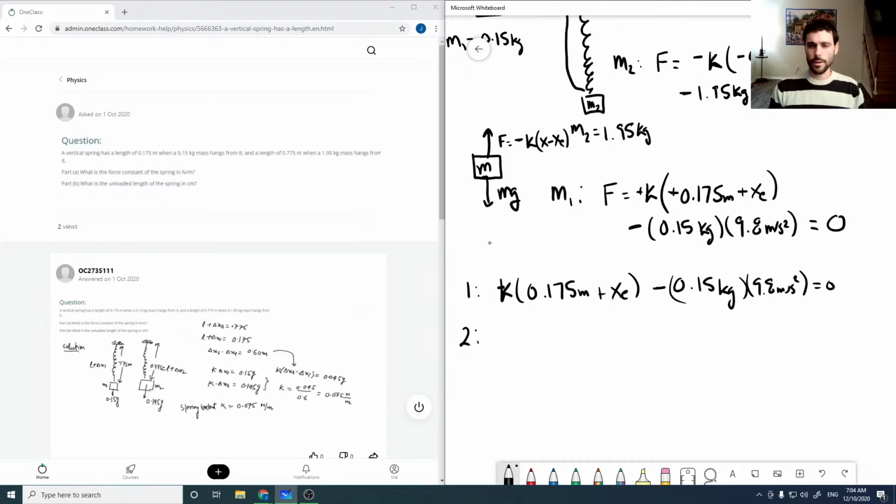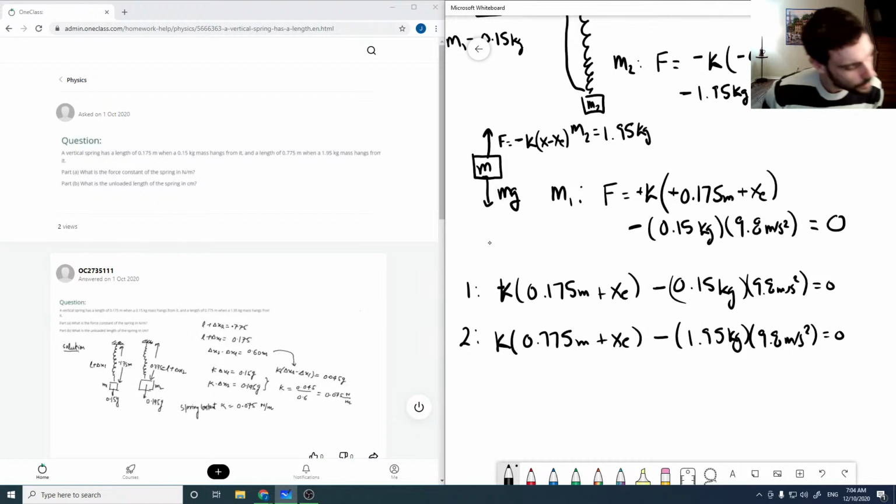And our second equation is k times 0.775 meters plus xe, minus 1.95 kilograms times 9.8, equals 0. So those are two equations.